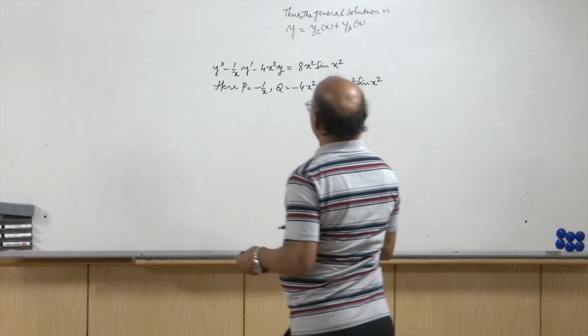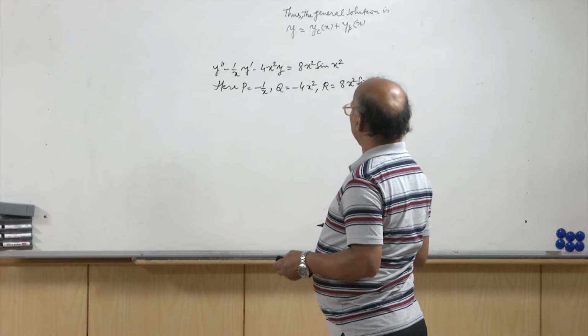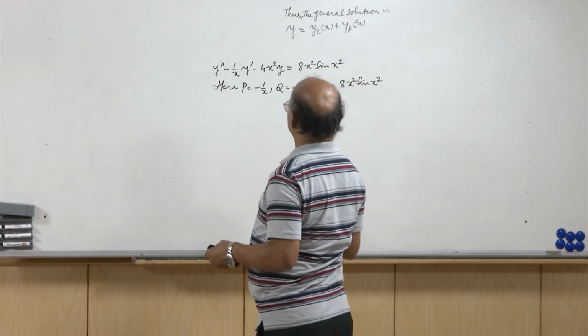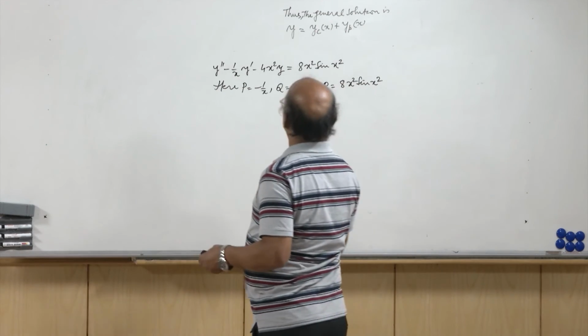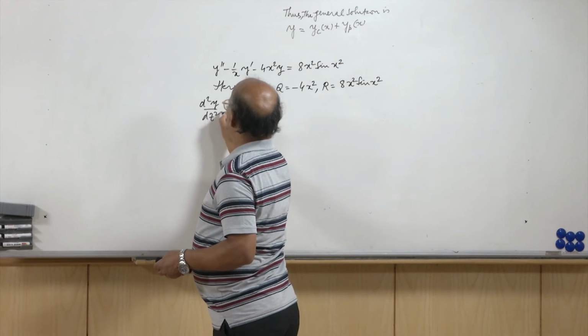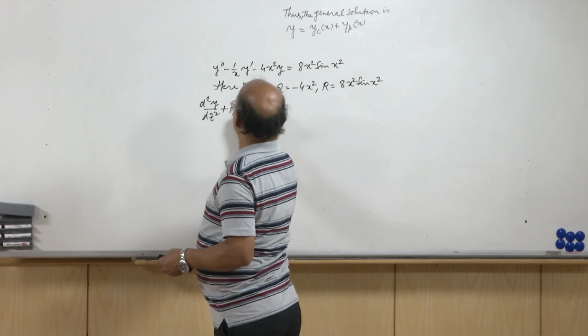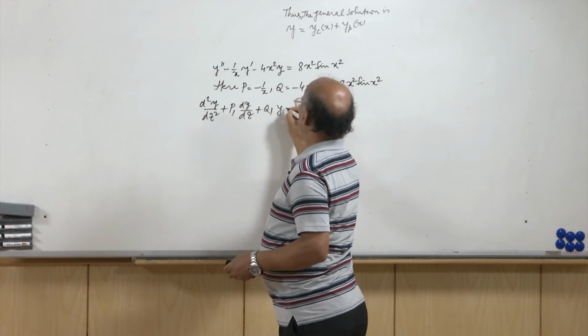Okay, so again we try the method where we put Q1 as a constant. So, after we change the variable from x to z, we get the equation d square y by dz square plus P1 dy by dz plus Q1 y equal to R1.